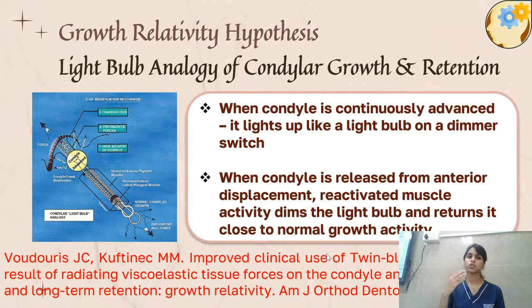And when there is stretch of the viscoelastic tissue, that is all the non-muscular structures there, it will eventually lead to force transduction, which will cause the condyle to displace anteriorly and the glenoid fossa to also undergo remodeling to adjust to this new condylar position. And then when condyle is released from this anterior displacement, the reactivated muscle activity dims the light bulb and returns it to the normal growth activity.